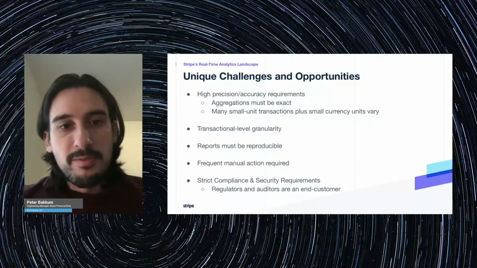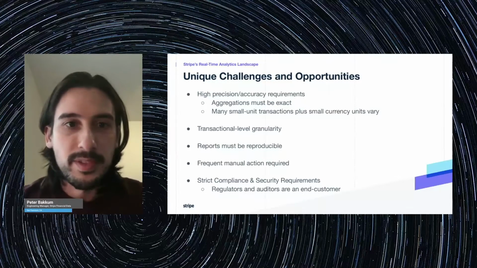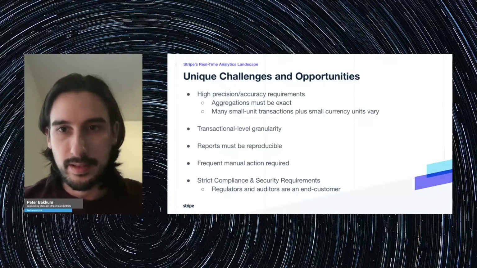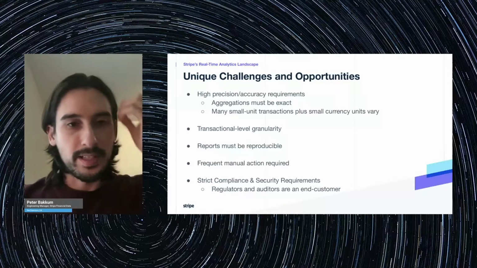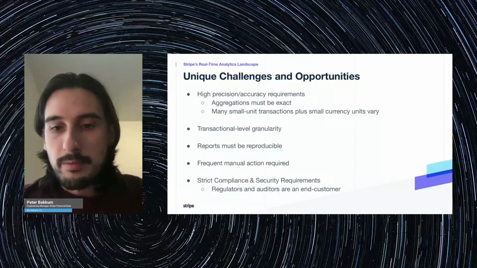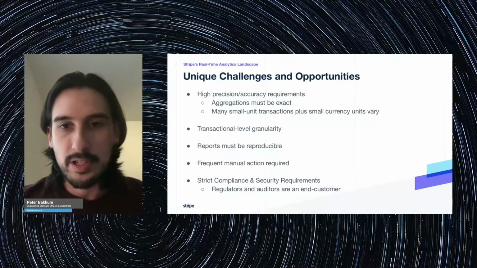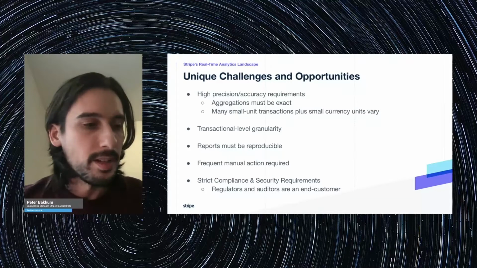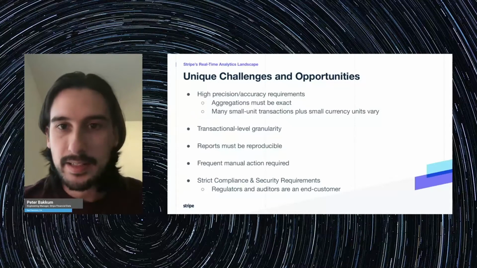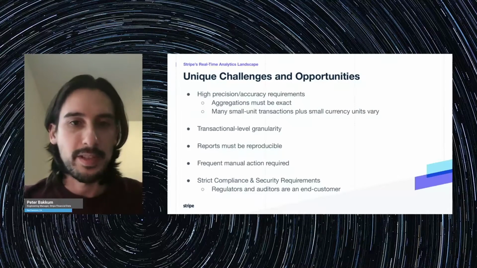So this is true of many organizations, but I want to highlight a few specific problems that we see in the fintech space. I think Stripe is a great example of these. So first, with real-time analytics in the fintech space, we have very, very high precision accuracy requirements. So our aggregations must be exact. Floating point numbers often are not precise enough for these purposes.